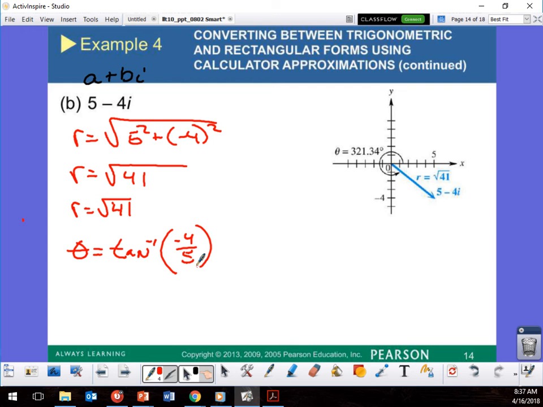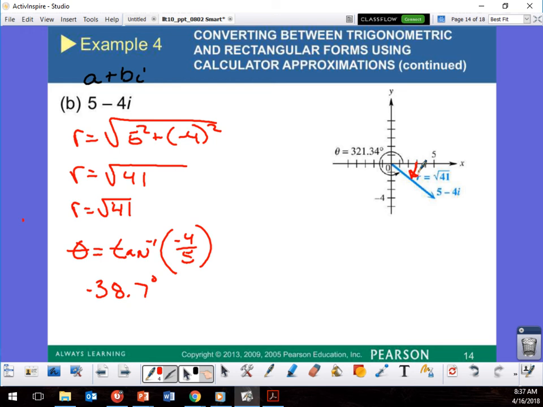Negative 30.7. Now, do we want that? No, because it gives us this angle down here. This is in the fourth quadrant, so what do I have to do to get the right number?